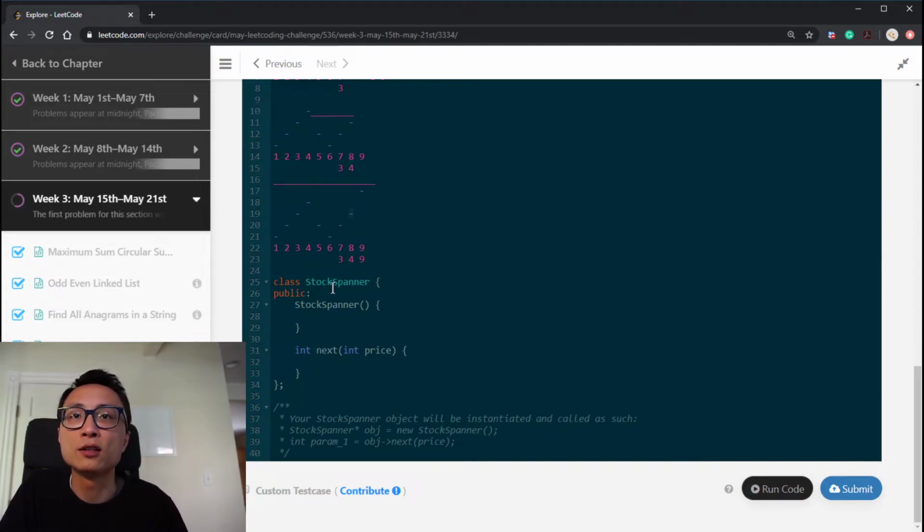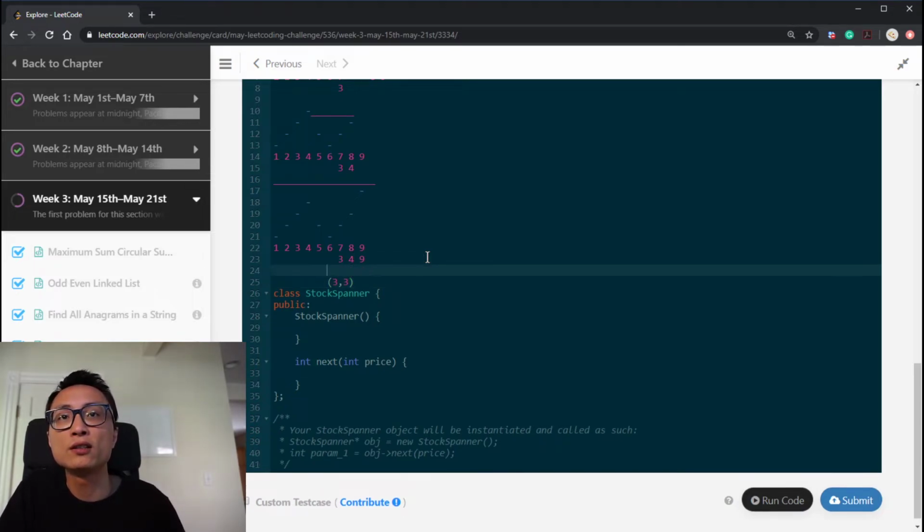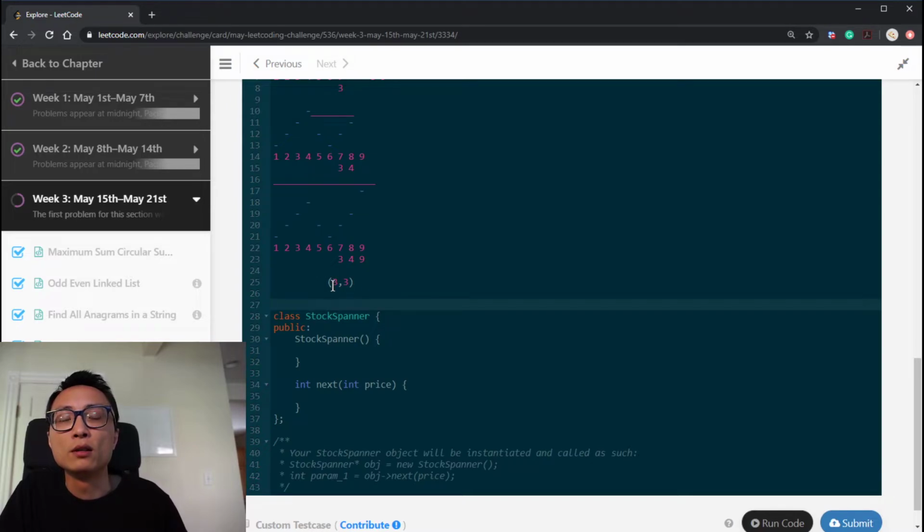Let's just say it's 3, and if you have something larger than 3 coming after day 8, you can effectively just directly add 3 days and skip this 3, going back to day 5 here. That way we are doing compression along the way as we process and remember these prices.